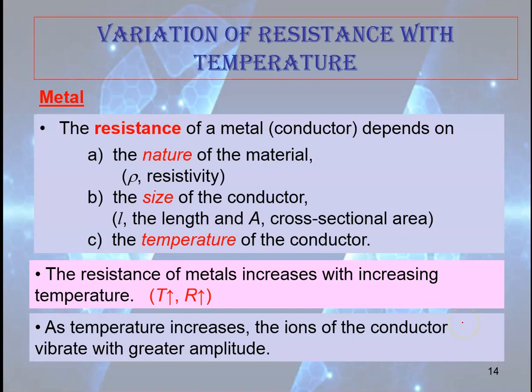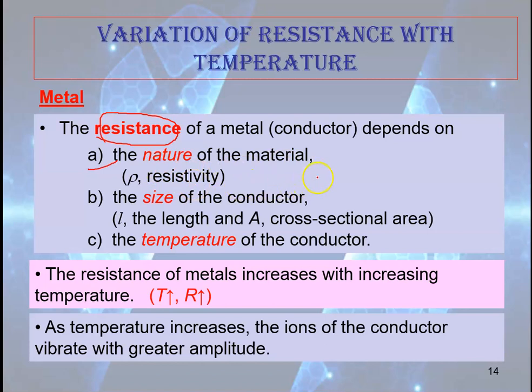Right, so from the equation that we described just now, we conclude that the resistance of a metal actually depends on these three parts. The first one is the nature of the material, which in this case is the resistivity itself.